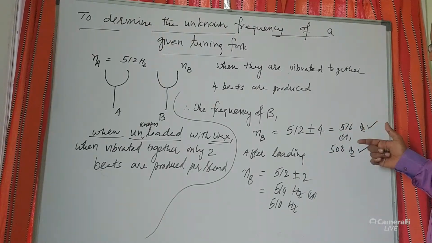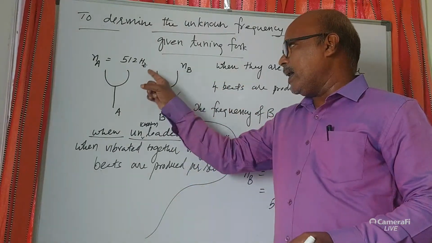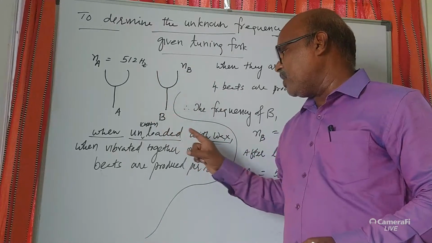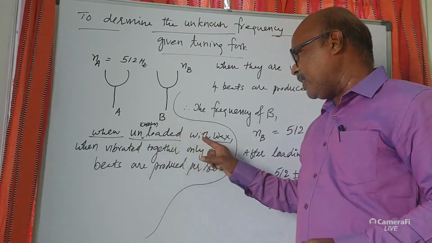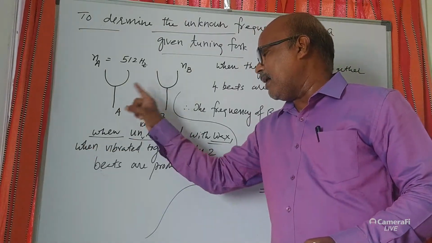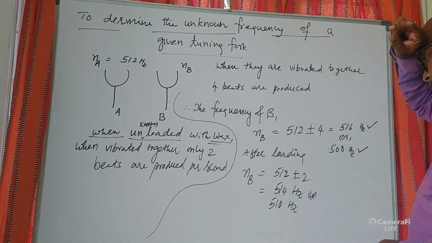For that, what I have done is, I have loaded the unknown tuning fork with wax. When the unknown tuning fork is loaded with wax and they are vibrated again, how many beats are produced? Two beats are produced.